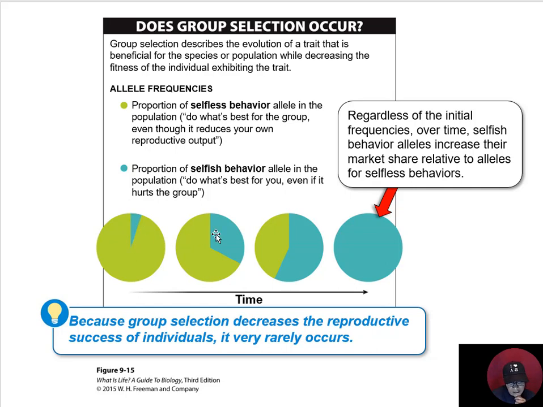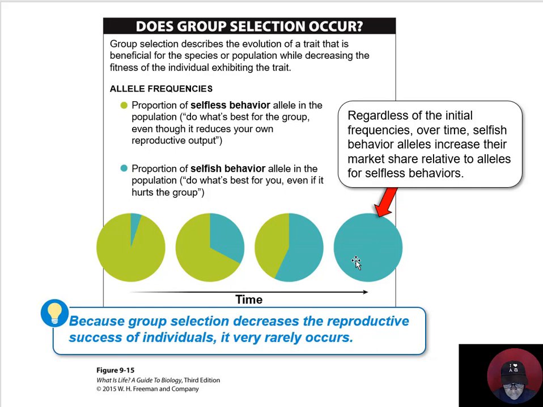Well, it turns out over time, because this selfless group is always choosing to do what's best for the group, even though it lowers your own reproductive success, suddenly that allele starts to get eliminated, right? Because they were always choosing to do what's best for the group, and their reproductive success was going down. And suddenly now we start to see fixation.